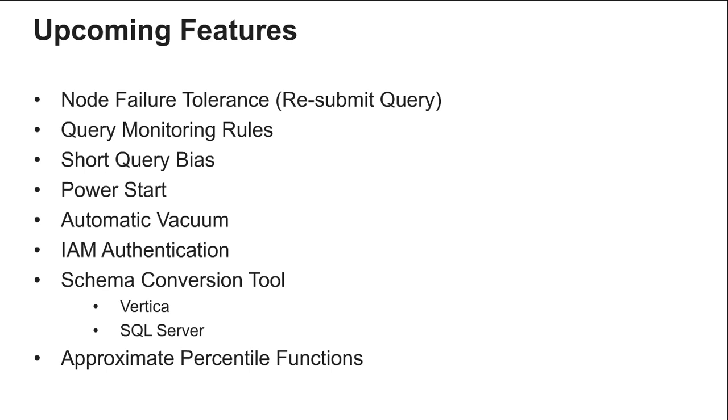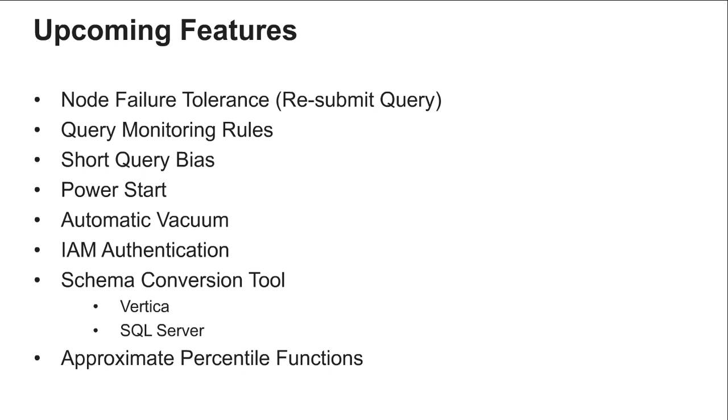The next is power start. That ties in with short query bias, and power start basically means a query, when it begins executing, will be given a whole bunch of resources in the system to get done and out of the way. Now, the whole idea around these two features is that you want the short interactive queries to finish quickly.